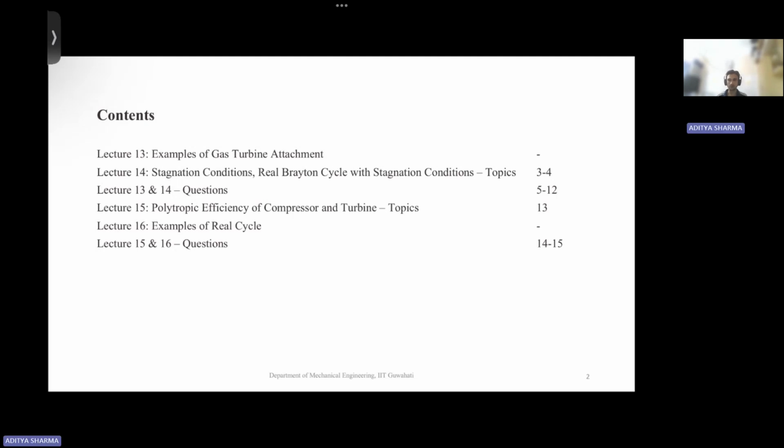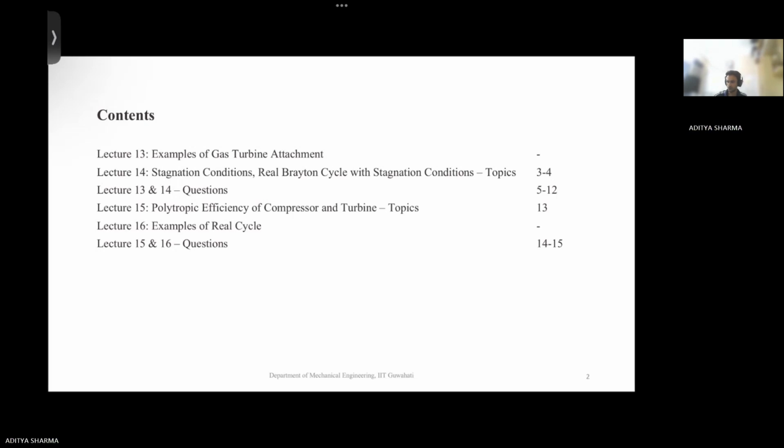So I was talking about the contents of this particular session. So 4 lectures are there. Week 5, lecture 13 to lecture 16. Lecture 13 is examples of gas turbine attachment.